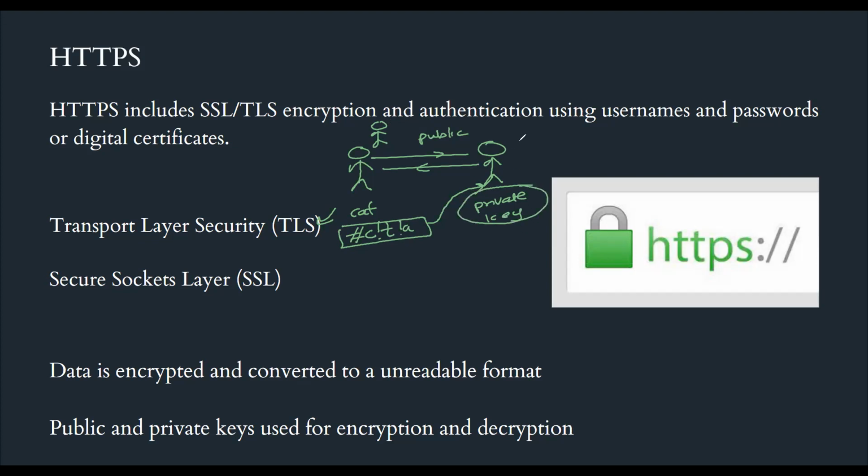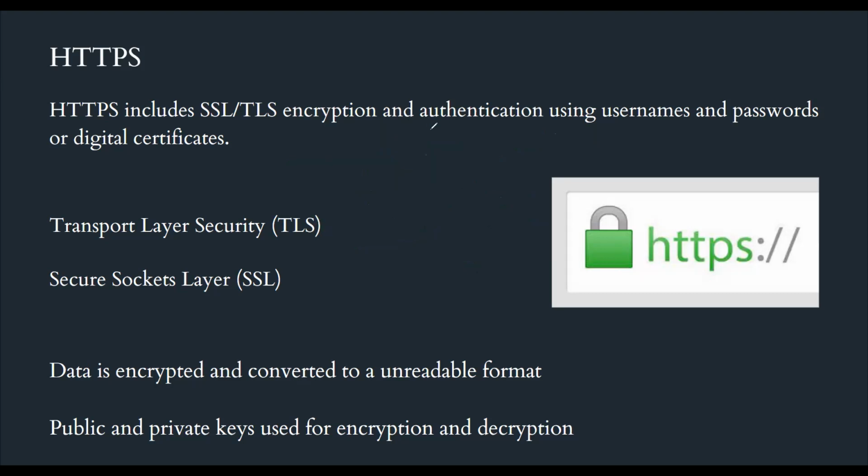The private key is only held by the server, the person who is receiving the data. So only the server is able to decode the data and reliably turn it back into the word cat, for example. The private key is not shared even with the client. I hope that was clear to you.